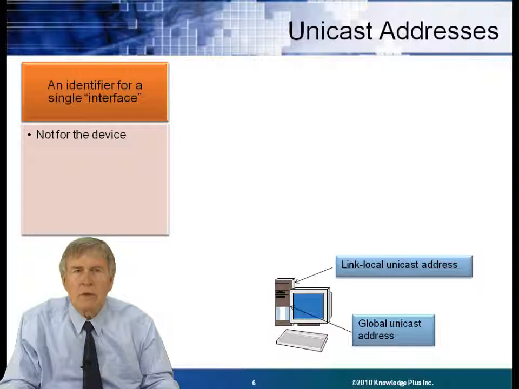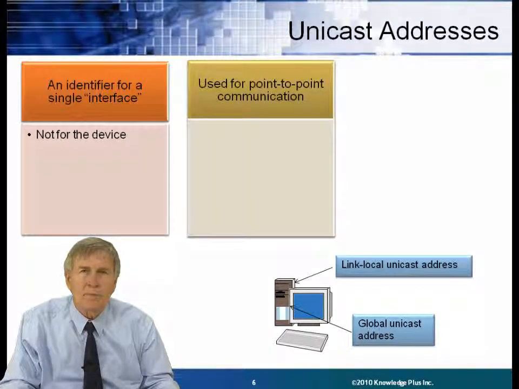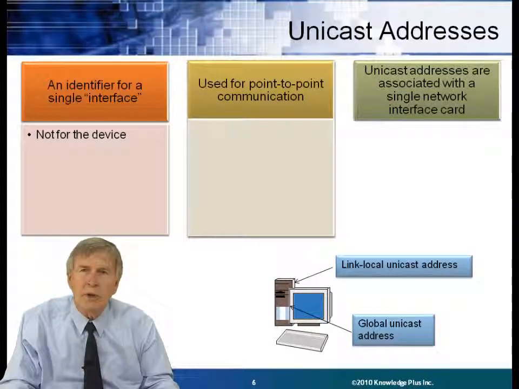An address identifier is for a single interface. It's not for the device. If we're looking at a desktop machine, a tower, then we can have multiple interfaces associated with this particular device. The unicast address, as we mentioned, is used for point-to-point communications. Unicast addresses are associated with a single network interface card.